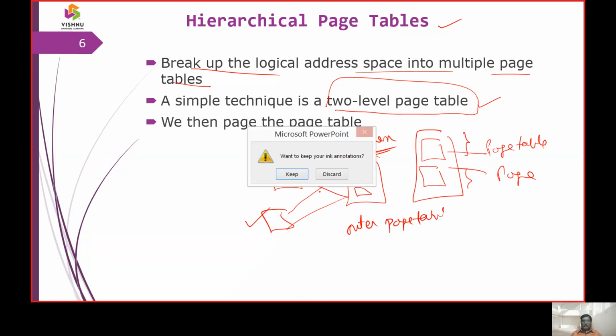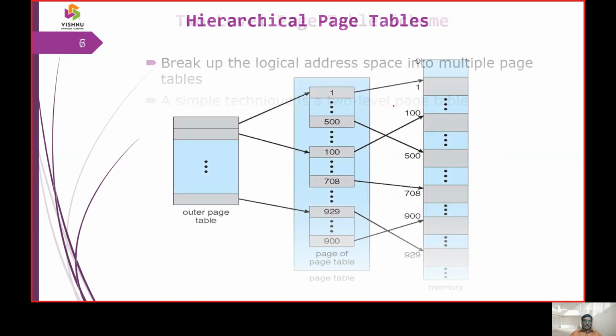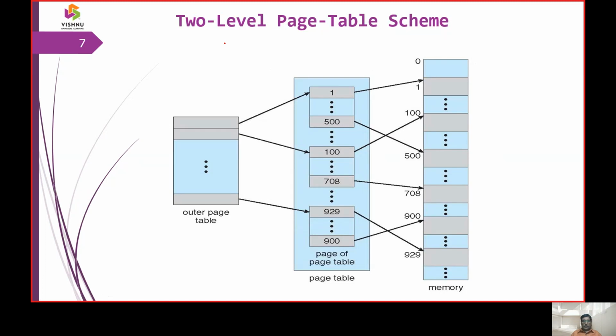The second level is the inner page table. As far as the hierarchical page table is concerned, it breaks up the logical address space into multiple tables and uses the concept of two-level paging tables. Here is an illustration where a paging level is assumed. In the outer page table, every process is inside this table, and the page table is implemented in the main memory.